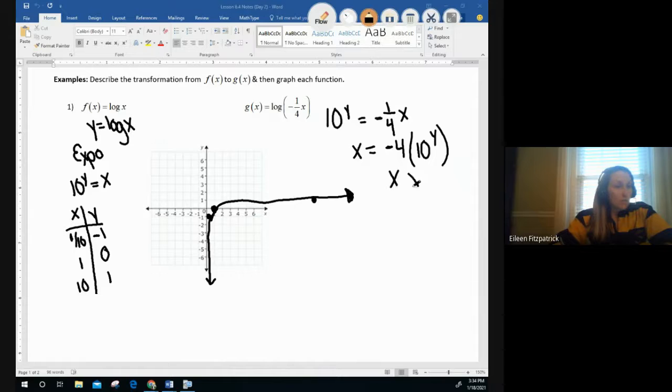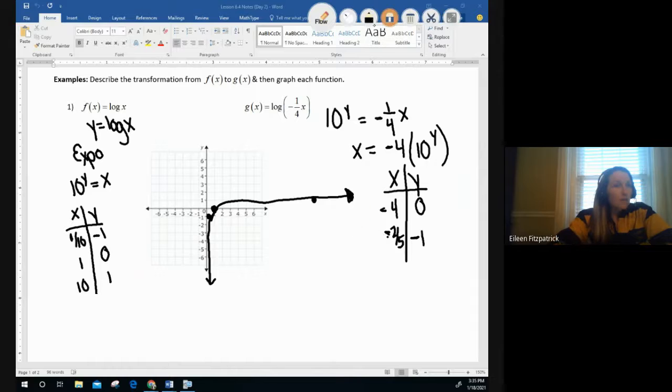So just like I did before, you could pick values for y and then substitute them in and figure out the x. So for instance, if I pick 0, 10 to the 0 is just a 1. 1 times -4 is -4. If I plug in a 1, 10 to the -1 is 1/10. And then 1/10 times -4 is -4/10, or you could simplify that to -2/5.